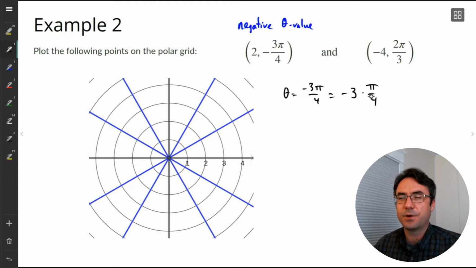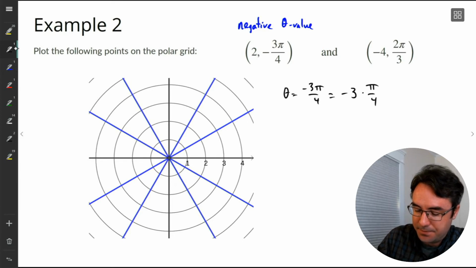You don't have to necessarily write it. So pi over 4 is our standard rotation here. We're going to rotate 3 times, and we're going in the negative direction. So that means we're going to go clockwise. So the negative here is telling us the direction, 3 is telling us how many times, and pi over 4 is telling us how much.